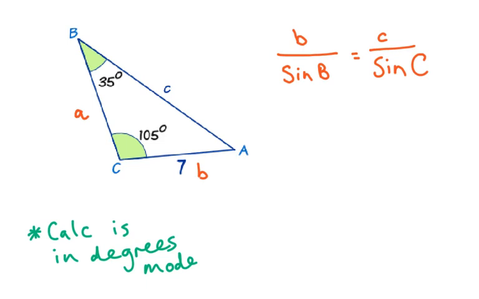Looking at the information I have, I've got angle B and I've got side B. So my side B is 7 and my angle B is 35. So it's 7 over sine 35. I'm trying to find out what side C is. However, then I've got angle C, which is 105.